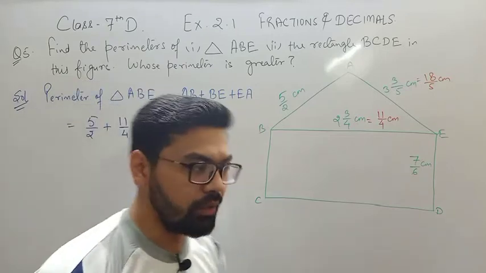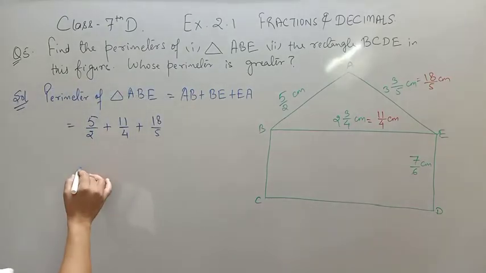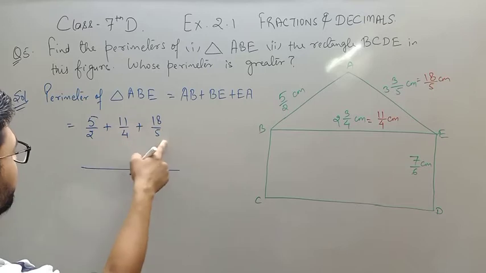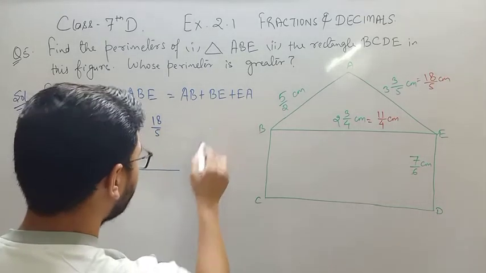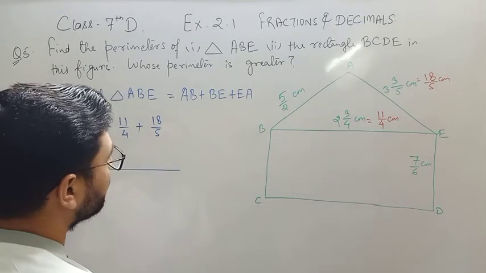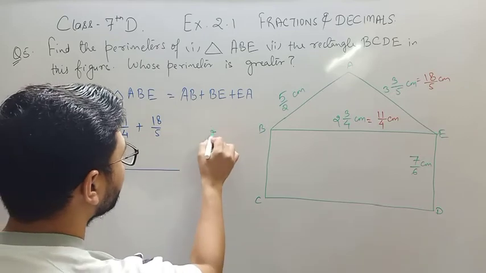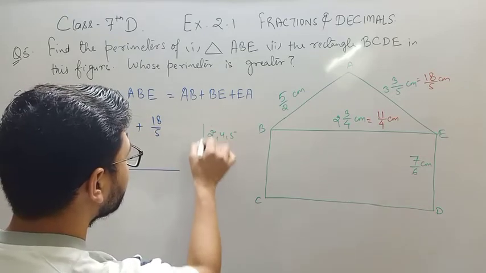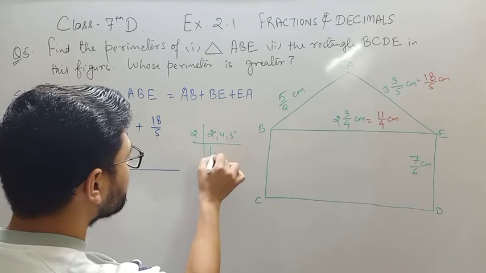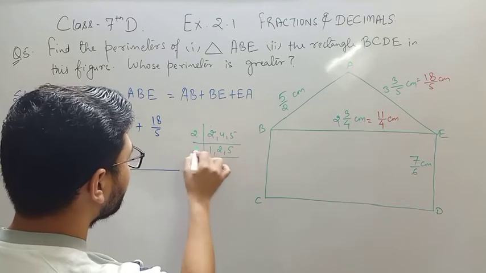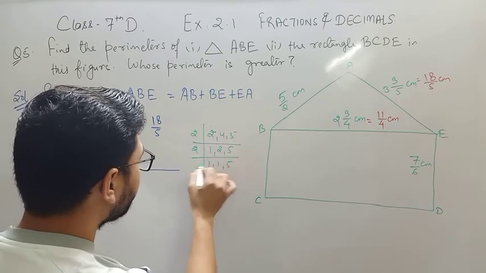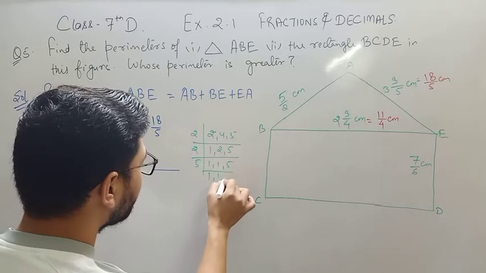triangle ABE. Now what is the LCM of 2, 4 and 5? How to get the LCM? The LCM of 2, 4 and 5 is equal to 20.